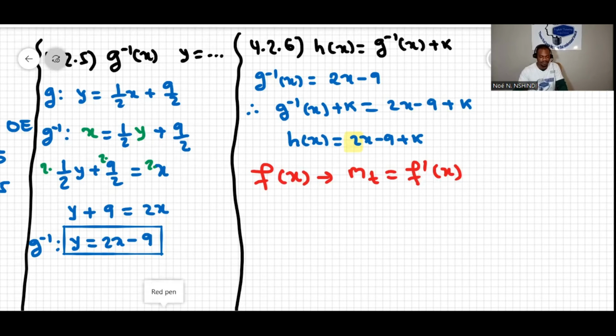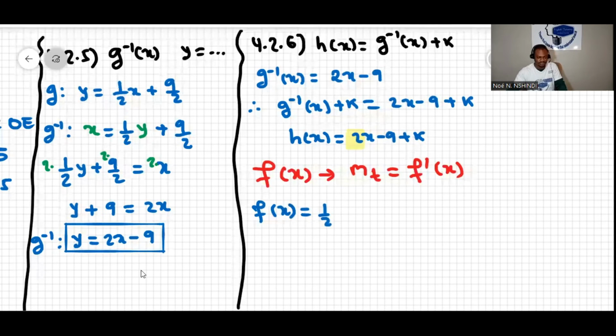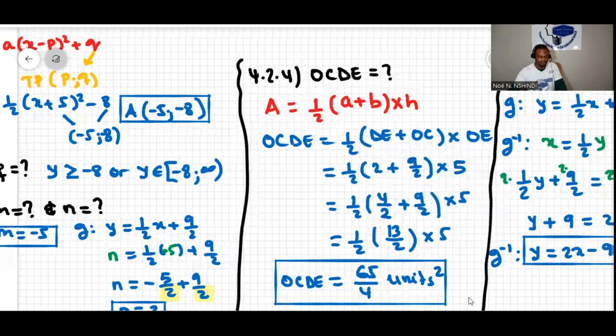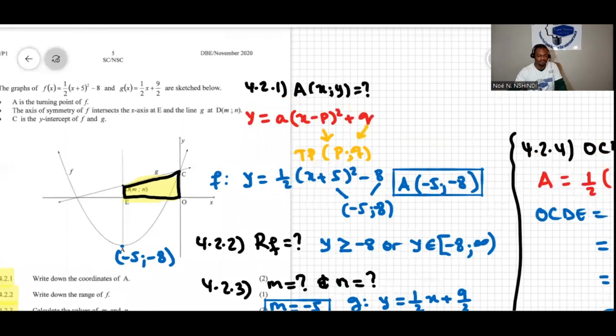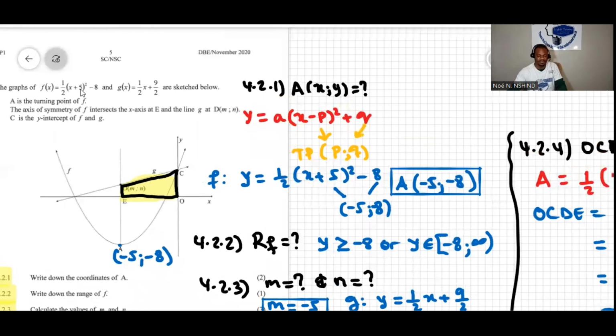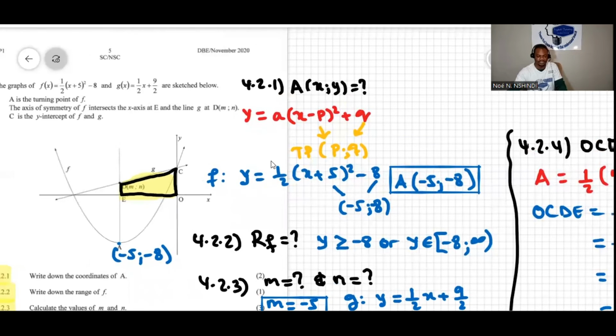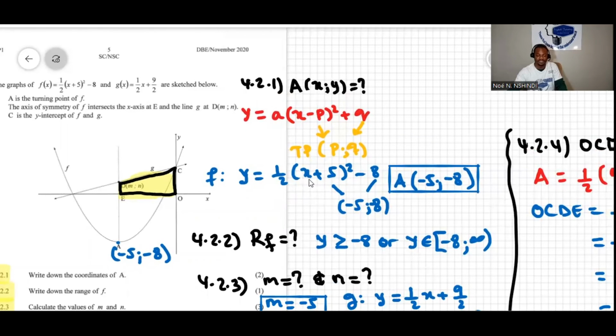Now, f of x was given by a half, open bracket, x plus 5, to the power of 2, minus 8.